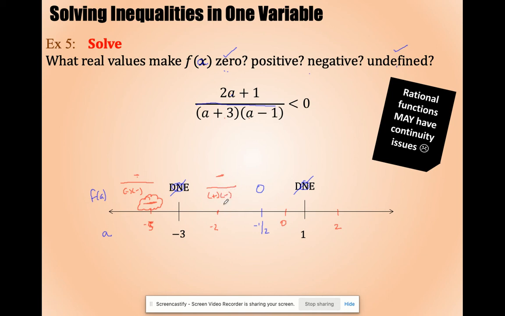So then I have a negative over a negative, which means that section is positive. How about between -0.5 and 1? I'm going to pick 0. Put 0 in for a, and I get +1 over a positive times a negative, which is a negative.